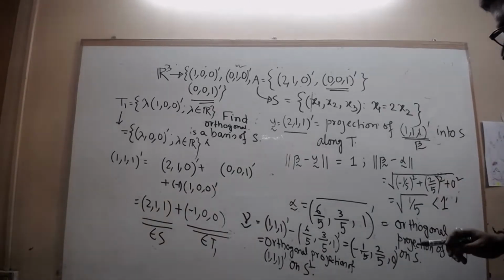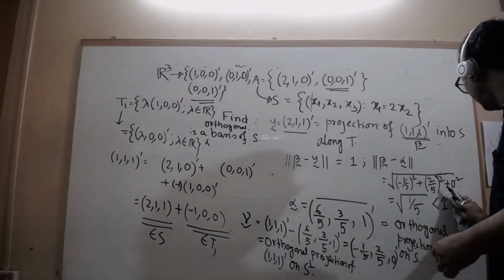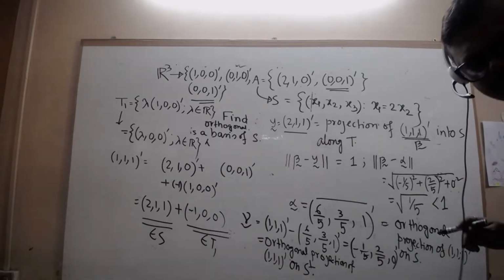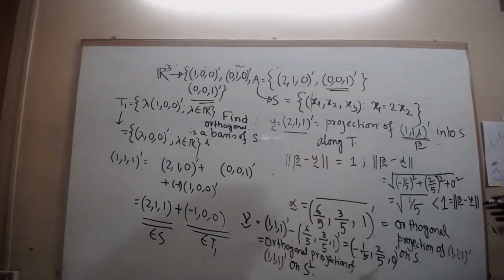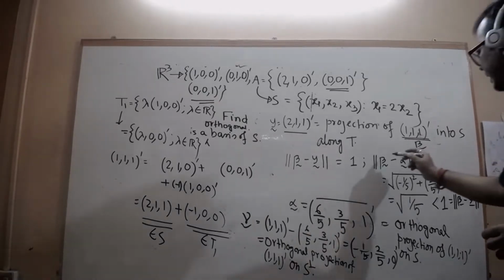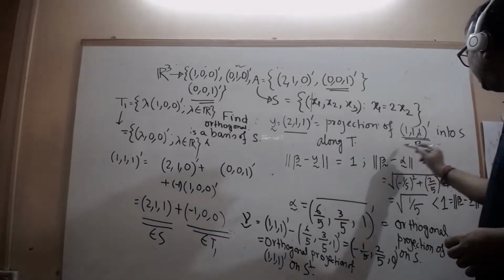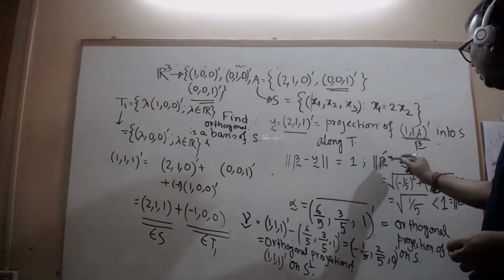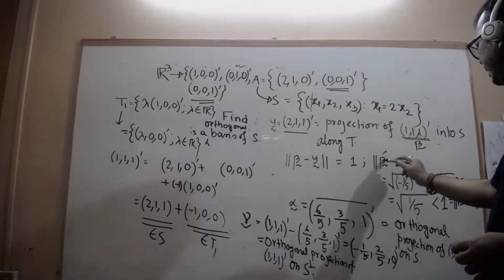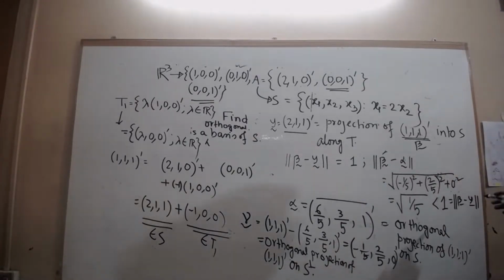So this gives you the idea that the distance from alpha curve to beta curve is less than the distance between beta curve and y curve.